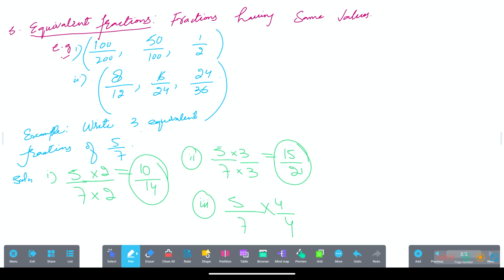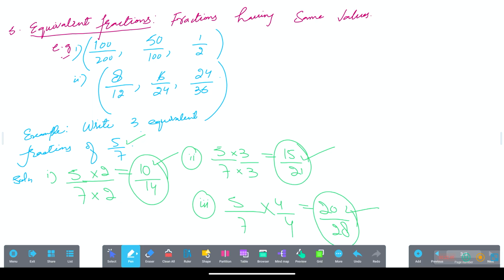You can multiply the numerator by any number, but the number that you will choose in the numerator, same number you have to choose in the denominator. 5 4s are 20, divided by 7 4s are 28. So this 5 by 7, 10 by 14, 15 by 21 and 20 by 28, they look different by their numerators and denominators, but their values will be same.